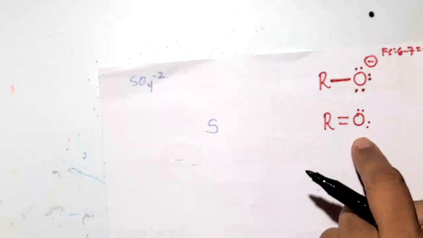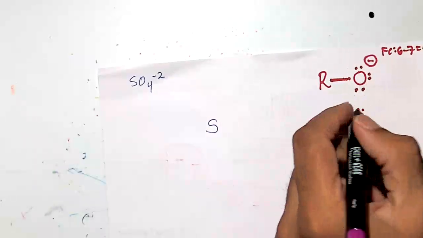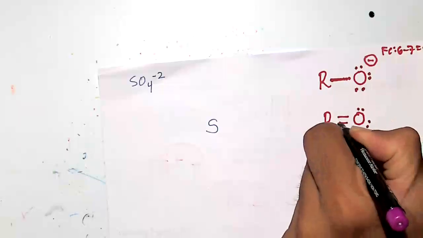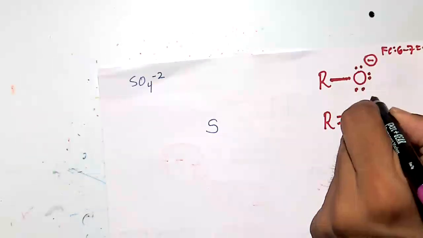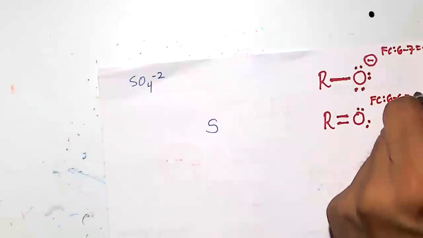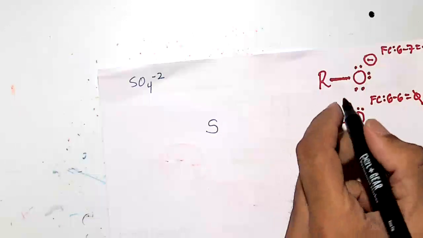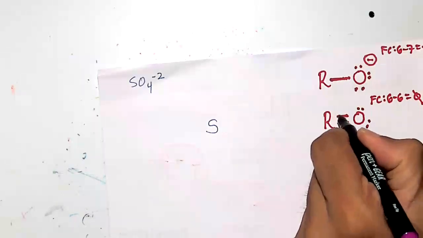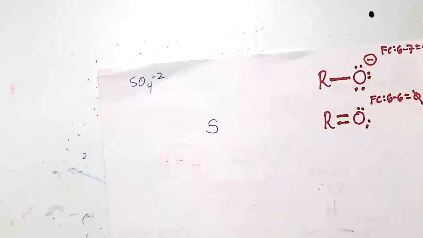Good. How about oxygen in this configuration? Let's do the formal charge. 1, 2, 3, 4, 5, 6. What is oxygen happy at? What's 6 minus 6? 0. Let's do the octet rule. 1, 2, 3, 4, 5, 6, 7, 8. Octet rule satisfied.